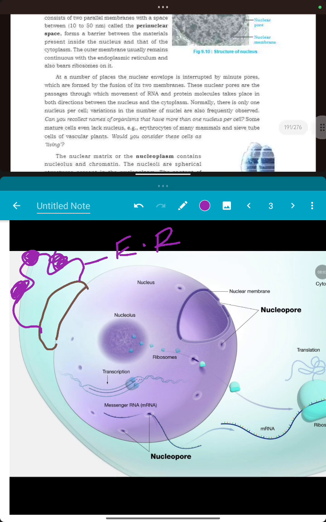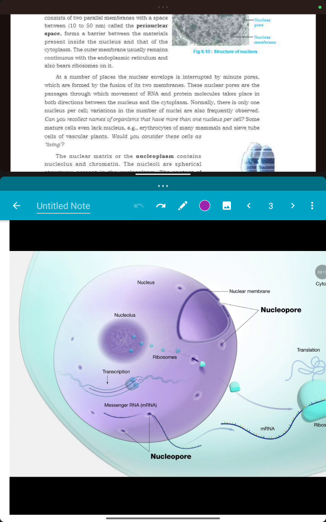At a number of places, the nuclear envelope is interrupted by minute pores. Here, the nuclear membrane, this was the pore.